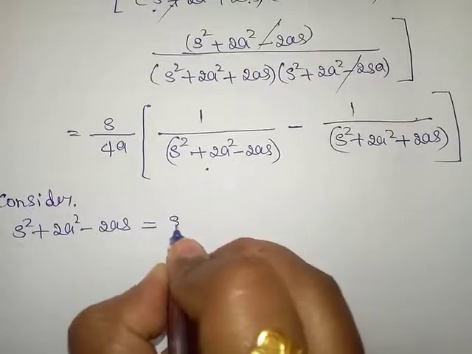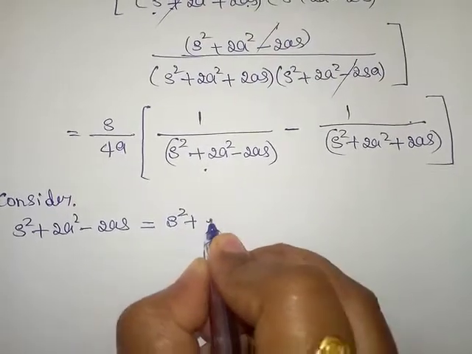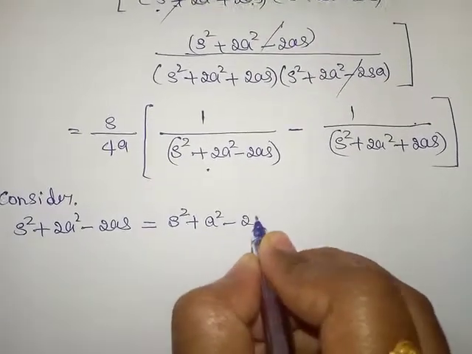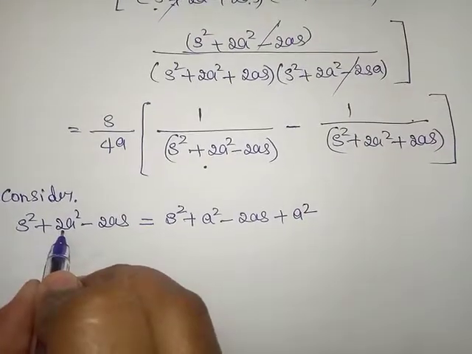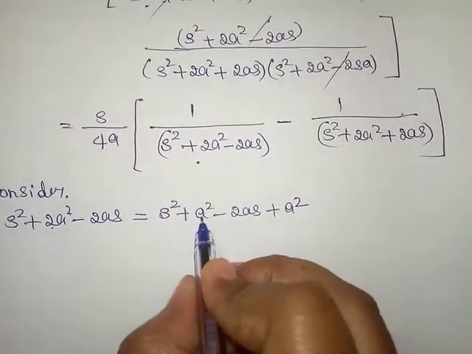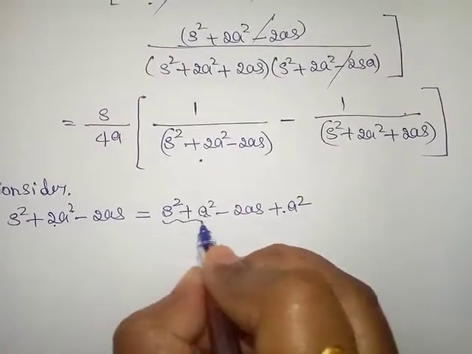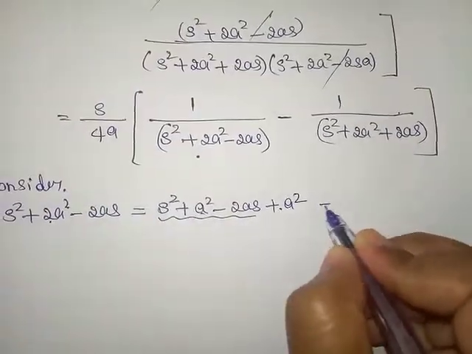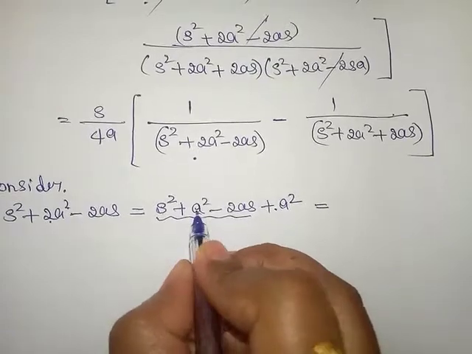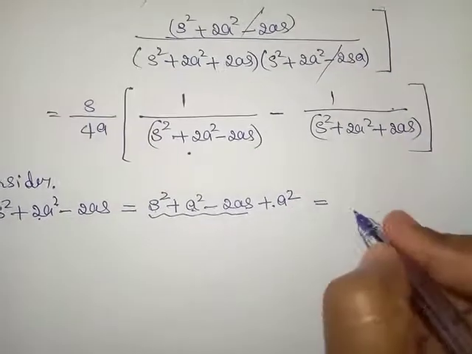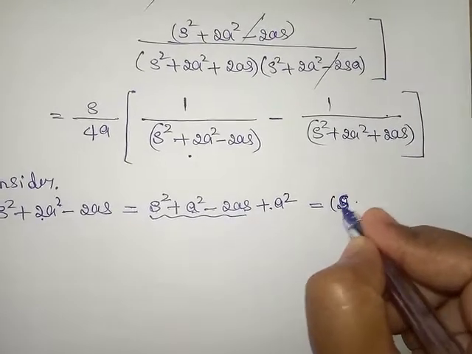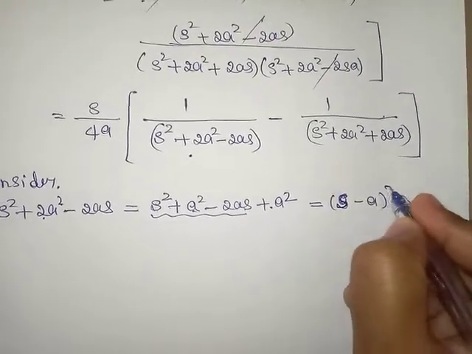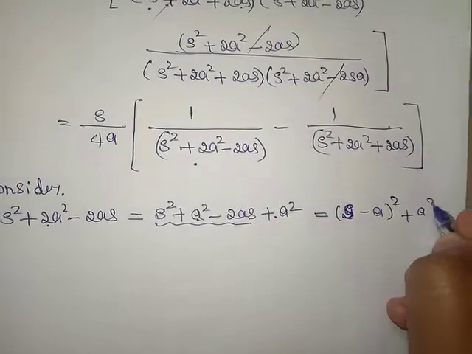This can be written as s² + a² − 2as + a². We have 2a², so I am writing just a² separately. On seeing these terms we get a² + b² − 2ab, so it is (s − a)² + a².